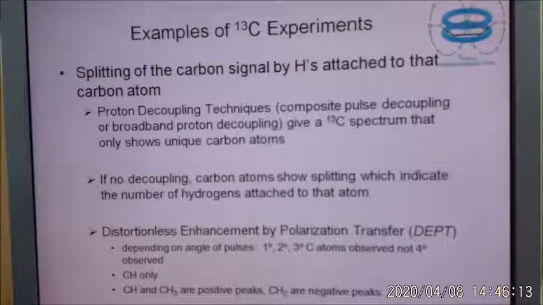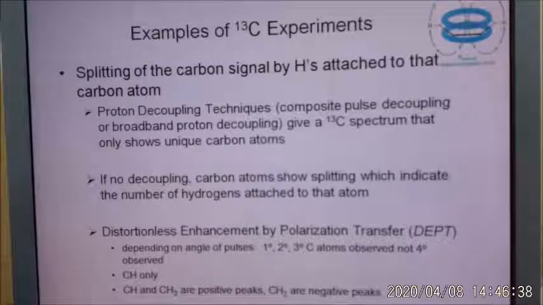You can either observe your CH only, so if you have any CH2 groups or CH3 groups, you won't see them. You can look and it'll tell you your primary, secondary, and tertiary carbons, but if you have carbons that don't have any hydrogens attached, the quaternary carbons, you don't observe those.